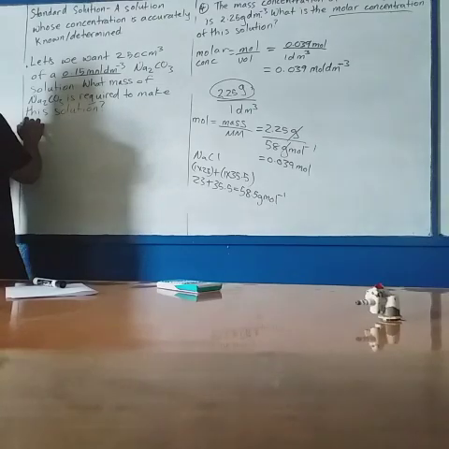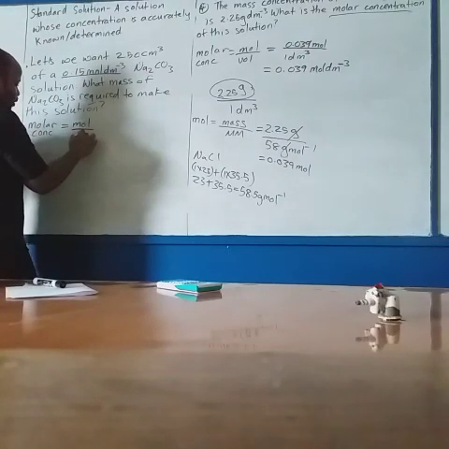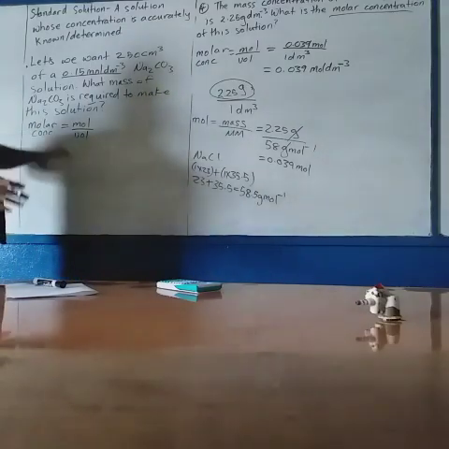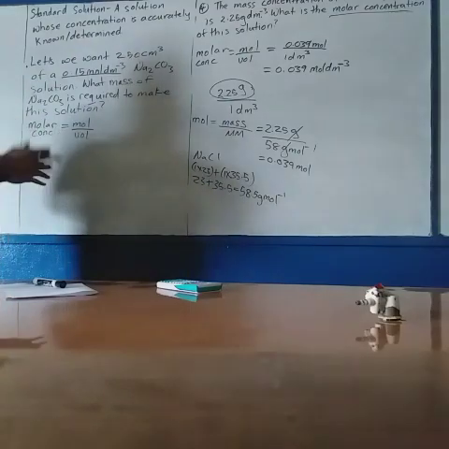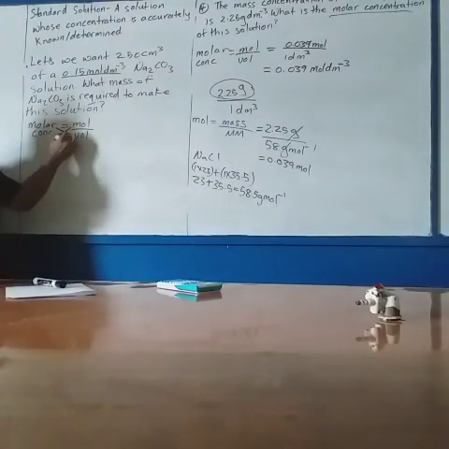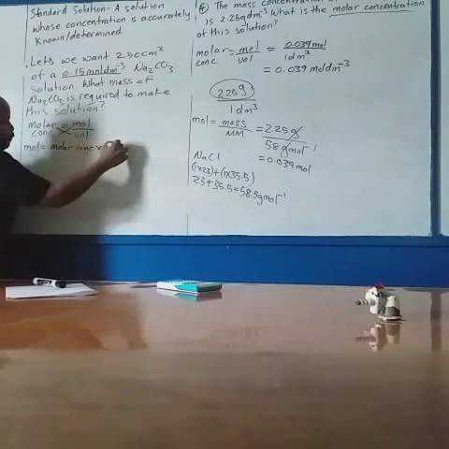So now, remember, molar concentration is equal to mole over volume. So from here on, if you are given molar concentration and volume, and you want to find the number of moles, you will multiply. So mole is equal to molar concentration times volume.